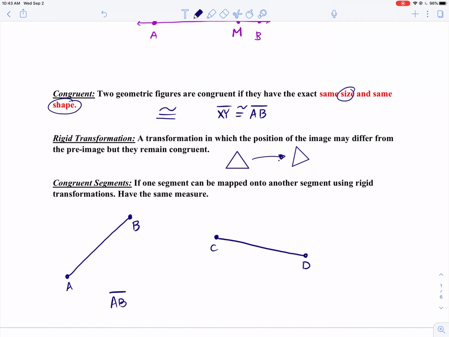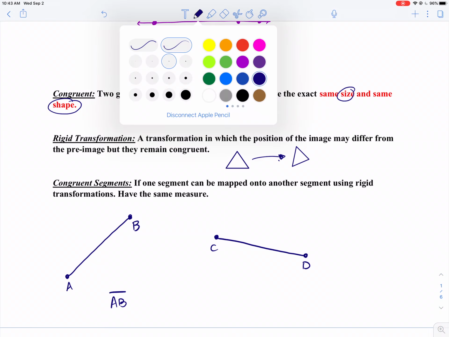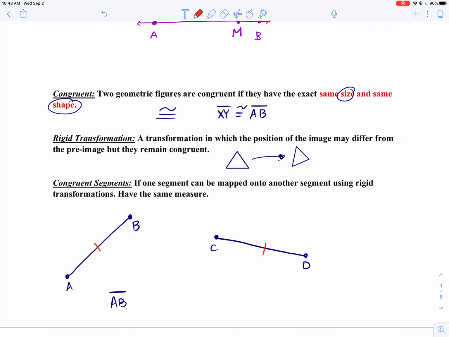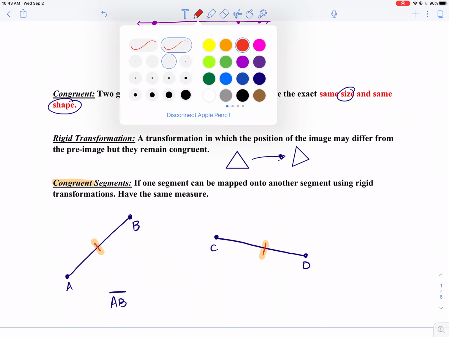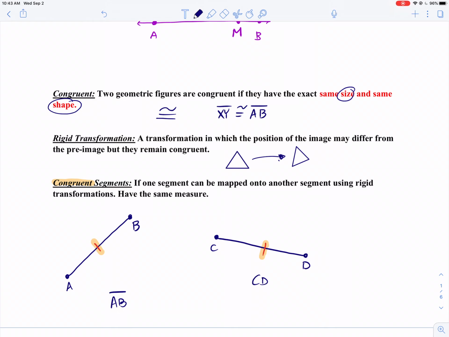If I say that these segments are congruent, it's often signified by a little tick mark in the middle. And sometimes it'll even be a double tick mark if there's more than one. But in this case, we're just going to have one. That tick mark signifies that these segments are congruent. So therefore, this was our segment CD, I can say that segment AB is congruent to segment CD.